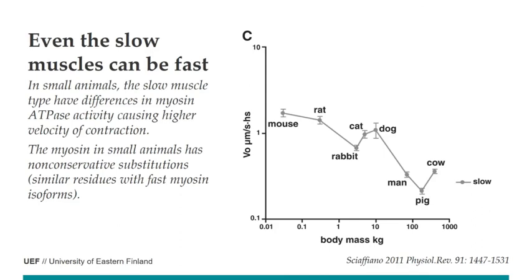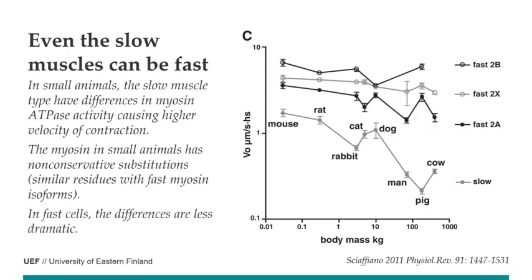How it can be done is that in these small animals, there are some non-conservative substitutions in the fast myosin isoform. So there are some point mutations between the large animals and small animals. And actually, they have similar residues in the slow myosin isoform as we do in the fast myosin isoform.